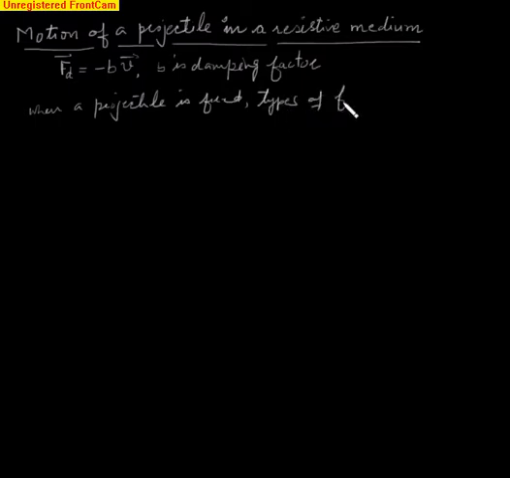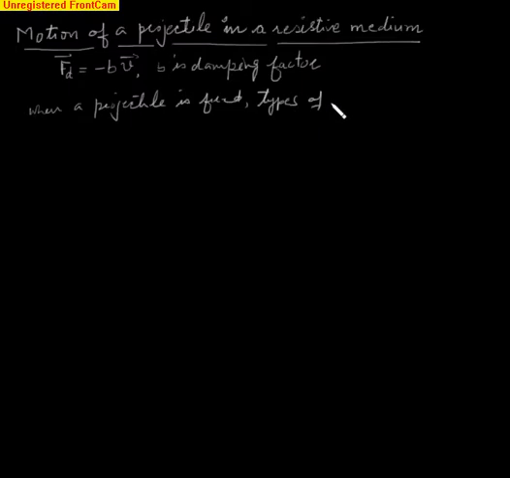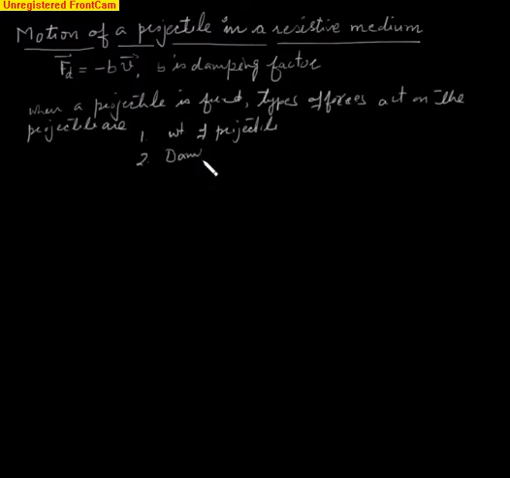Types of forces. The forces that act on the projectile are: number one, the weight of the projectile, which acts vertically downward, and second, the damping force, or you can say the resistive force.